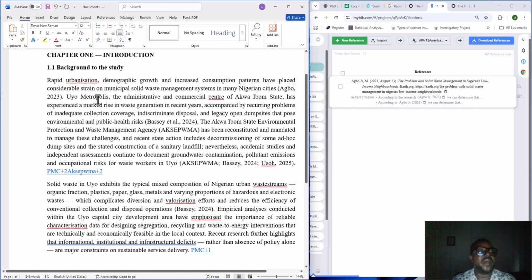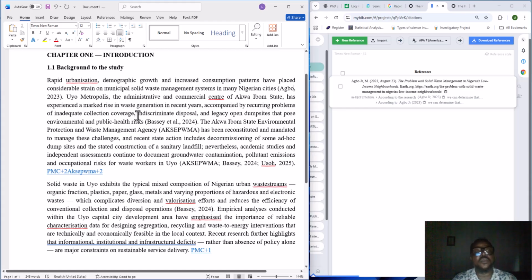Okay, second part: Uyo Metropolis, the administrative and commercial center of Akwa Ibom State, has experienced a marked rise in waste generation in recent years. That one is true because the researcher has seen it is a problem, accompanied by recurring problems of inadequate collection coverage.